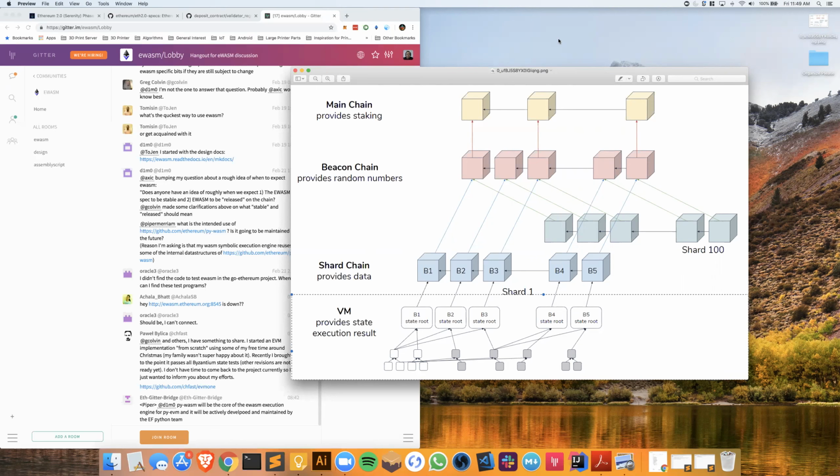A few other teams are looking at Solidity level compatibility, so not bytecode compatibility, but just source language compatibility. And that's another thing you'll have between EVM and eWASM: different bytecodes for them, but you should be able to cross compile.